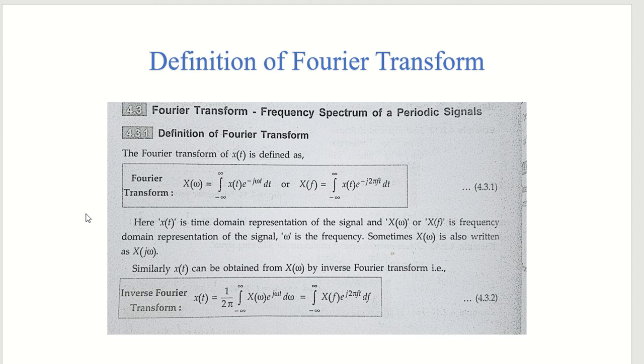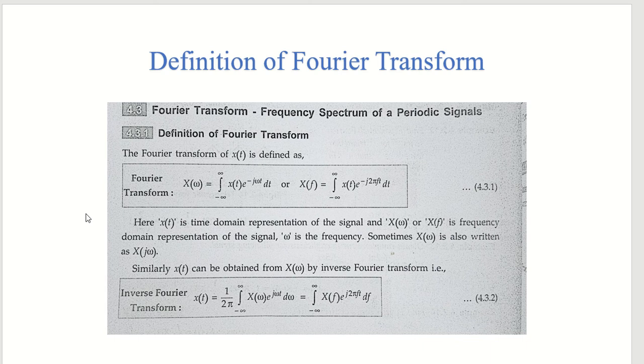The same conditions apply for Fourier transform, and if those Dirichlet conditions are satisfied, then we will be able to find the Fourier transform of my signal x of t.